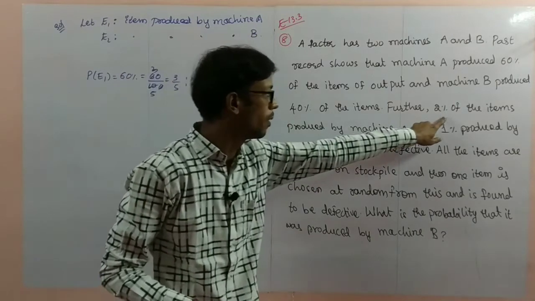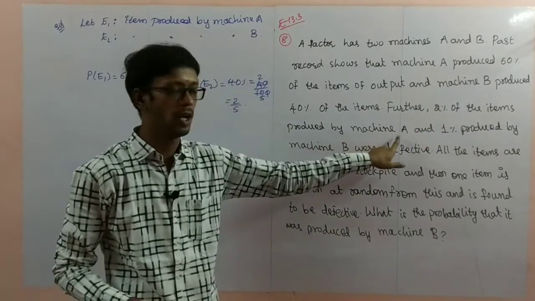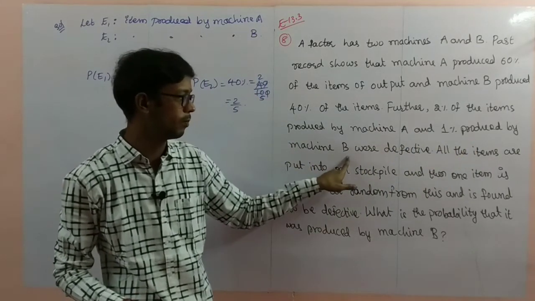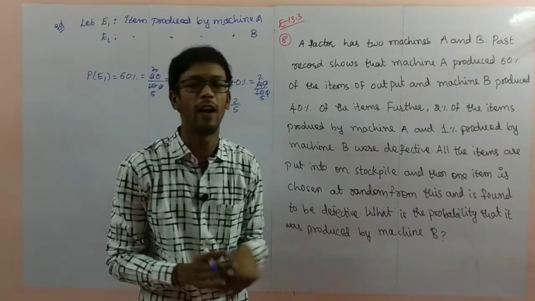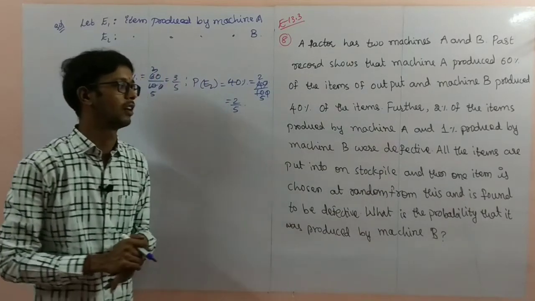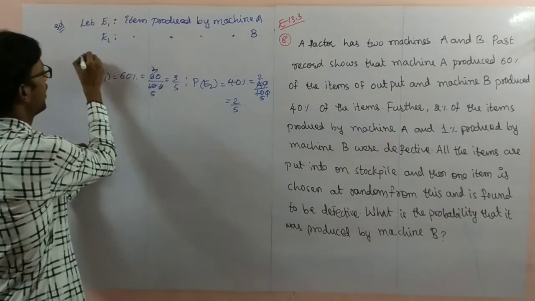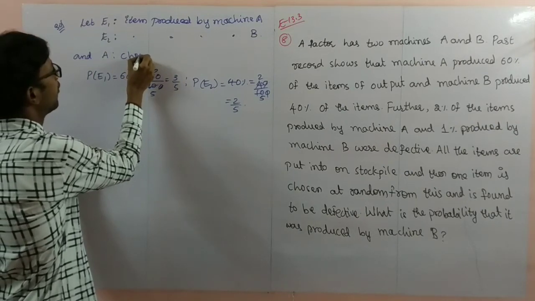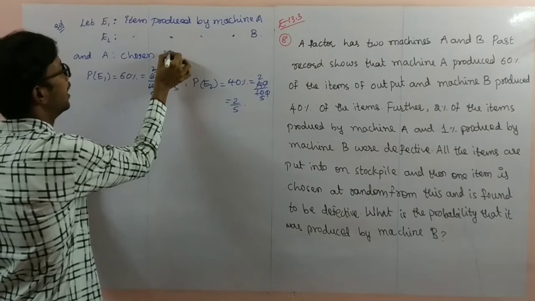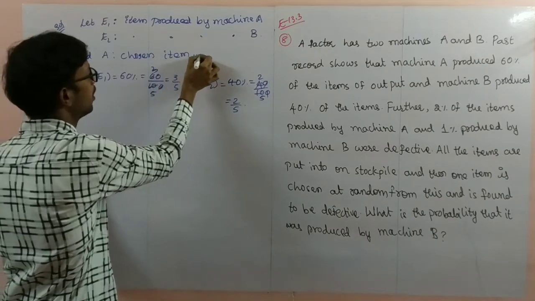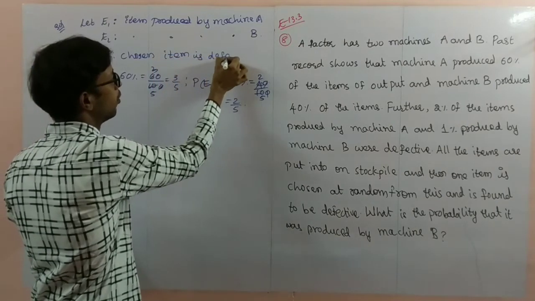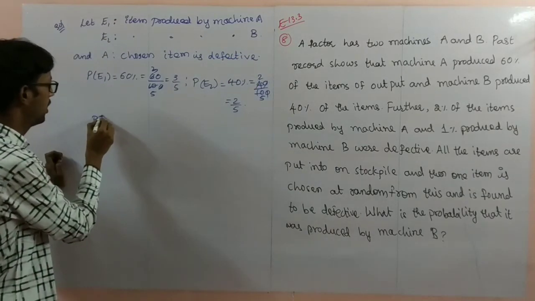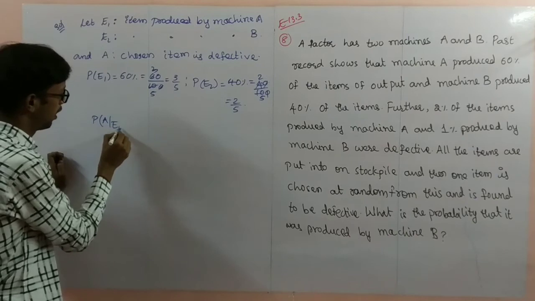Next, 2% of items produced by machine A and 1% of items produced by machine B were defective. So another event is there here: chosen item is defective. So now probability of A by E1.